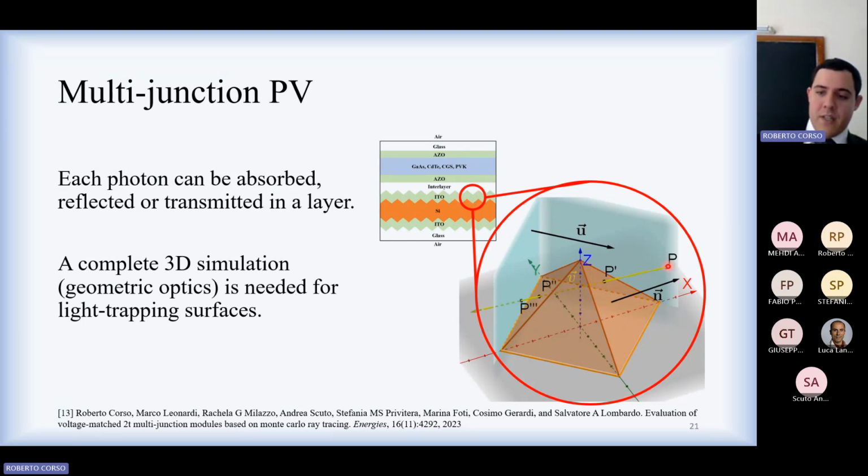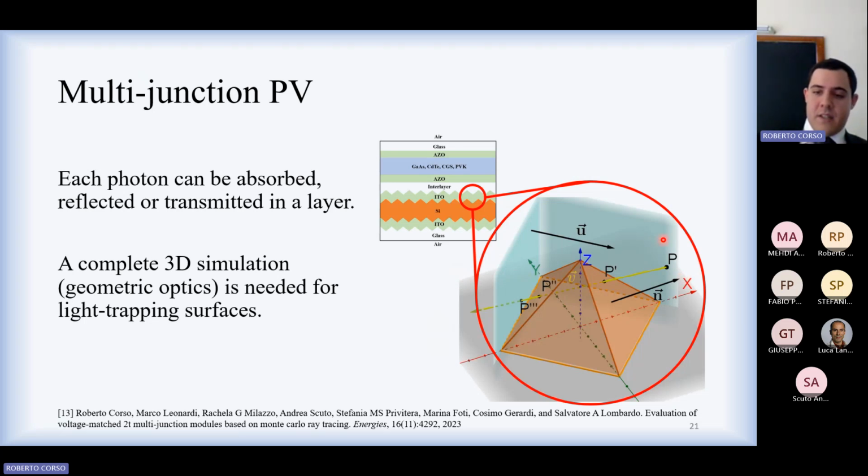In particular, we need the starting position and direction of the photon, and we calculate the intersection with the silicon pyramids, as well as with these boundaries which are employed to implement periodic boundary conditions in order to simulate an infinite, in principle, surface of the silicon cell. That is, if the photon were to hit the boundary on one side, it would come out, let's say, from the other side, and that corresponds to simulating the adjacent pyramid in the surface.